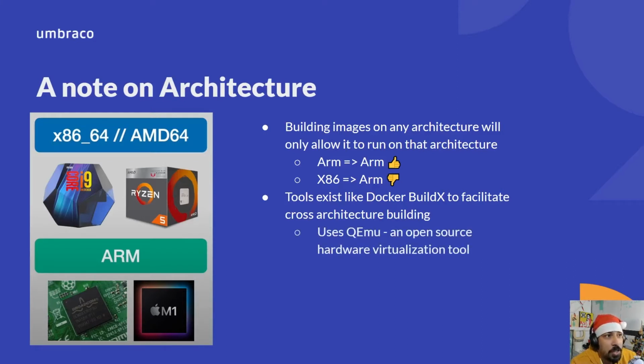And you can also use something called QEMU. I'm not sure how you pronounce that, but that's a hardware virtualization tool again, which lets you emulate an ARM CPU on your Intel machine. Or you just build up a farm of physical hardware. You have a cupboard full of Raspberry Pis, and you use those as your build environments. All this stuff is really exciting, and I hope to explore some more of it in the future.